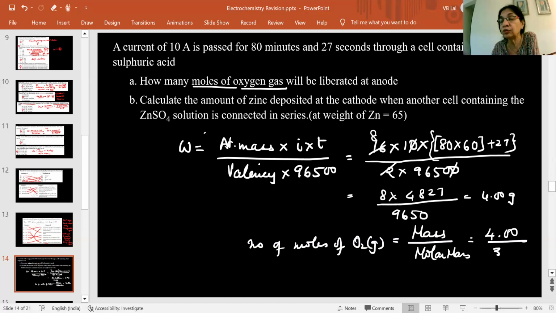It is 32, 16 plus 16 because it is O2. So what will that be equal to? 4 by 32, that is 1 by 8. So it will be 0.125 moles.